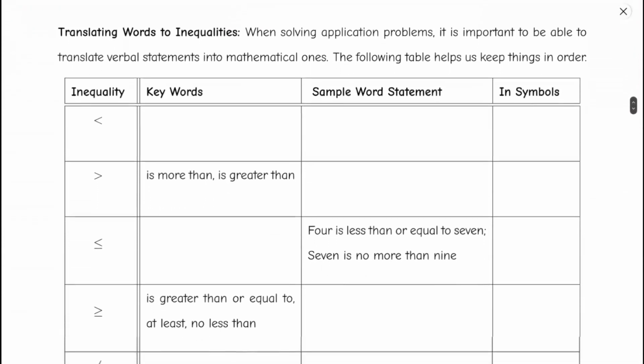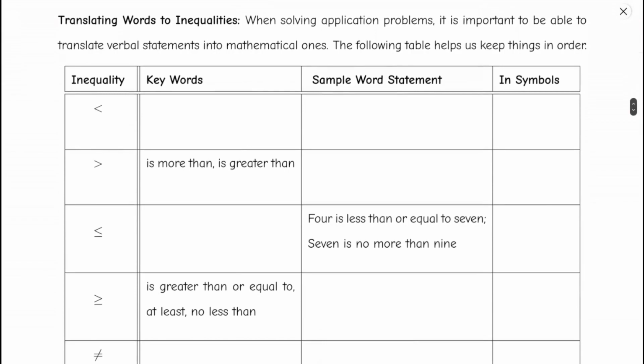Translating words to inequalities. When solving application problems, it is important to be able to translate verbal statements into mathematical ones. The following table helps us keep things in order. So, for the less than inequality, you can have less than, or you could also have smaller than.